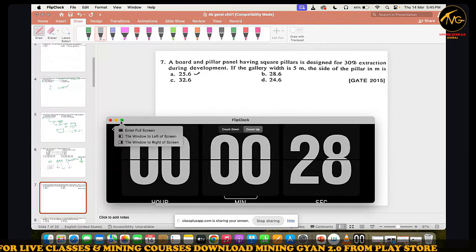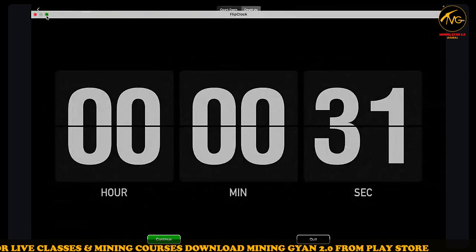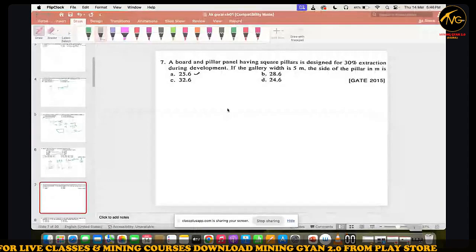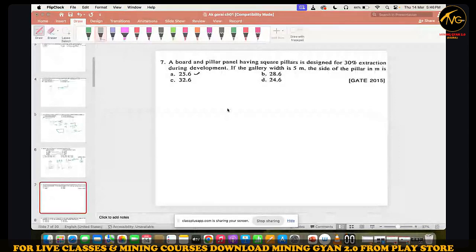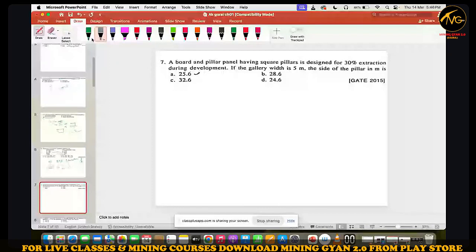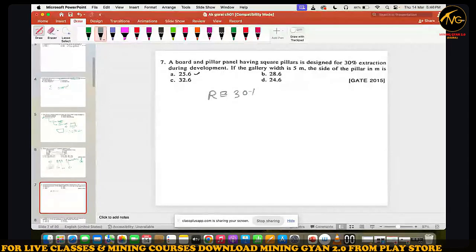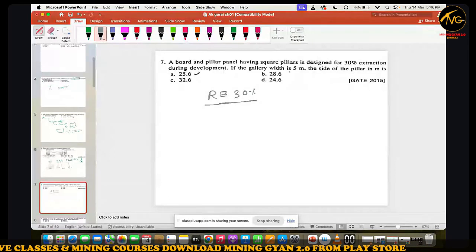Okay. Should I discuss? Because no one has replied yet. In board and pillar, a square pillar is designed for 30% extraction during development. They have given us R as 30%. Then they have given us the width of the gallery. We know the formula R = 1 minus A square by (A plus B) square.